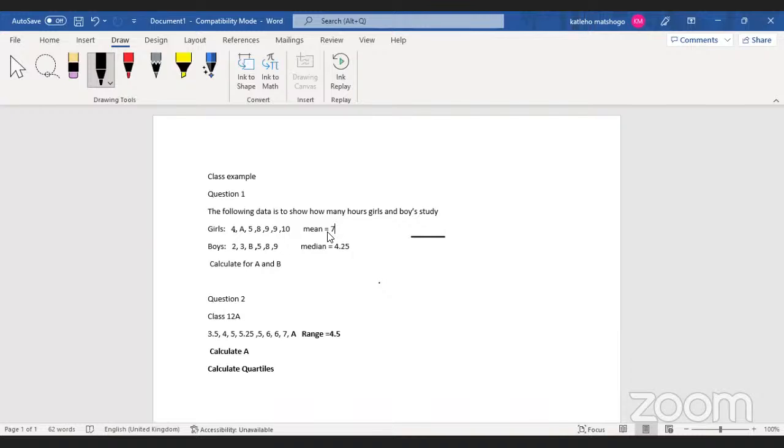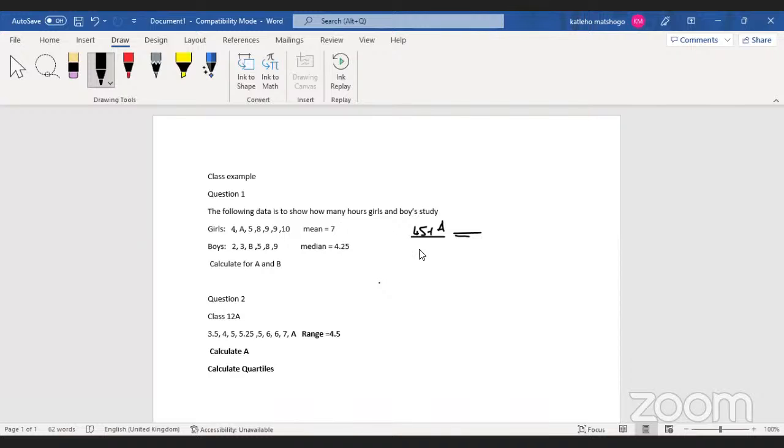So it's 4 plus 5 plus 8 plus 9 plus 9 plus 10 plus 45. So we get 45 plus A, because since they've given us the mean, we're supposed to divide it by the number of items, which is equal to, don't mind the handwriting, I don't have a mouse with me.